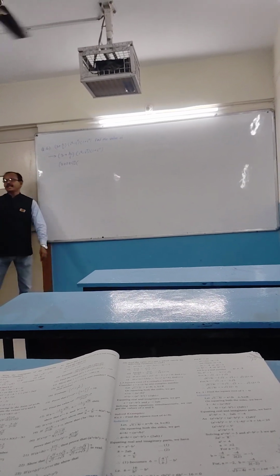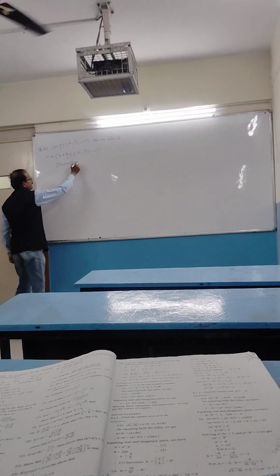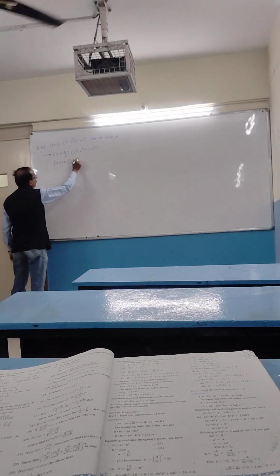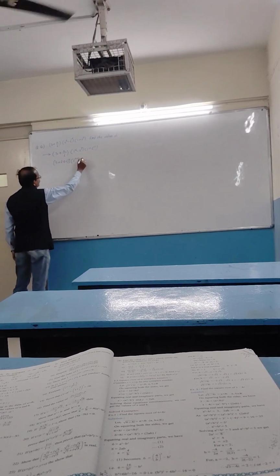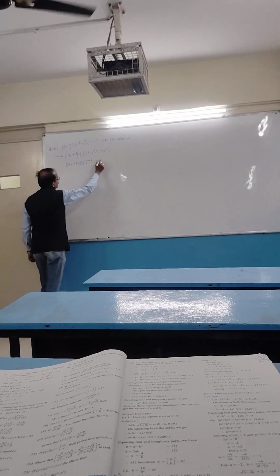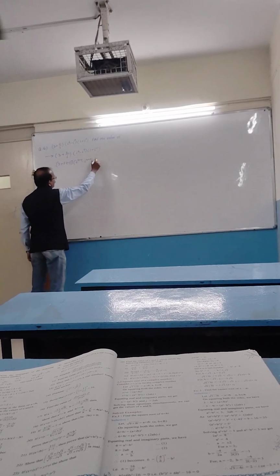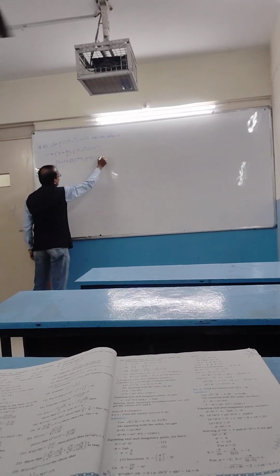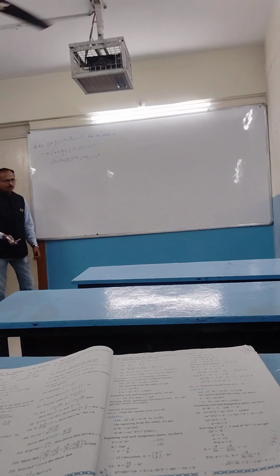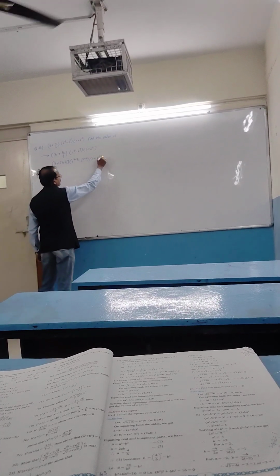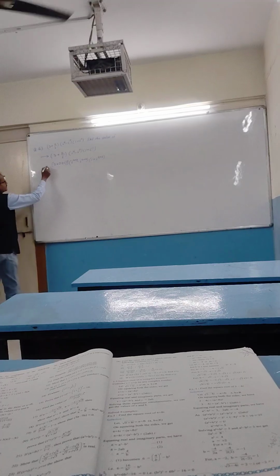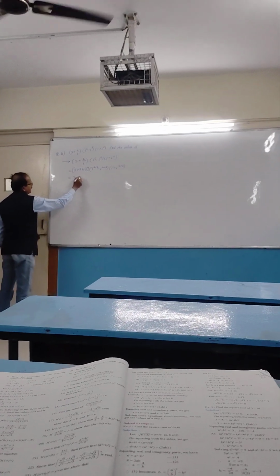And i to the power 6 can be written as i to the power 4 plus 2, minus i to the power 4 plus 3. In the third bracket, 1 plus i to the power 8, 4 times 2 plus 3. It can be written as 3 minus 2i.